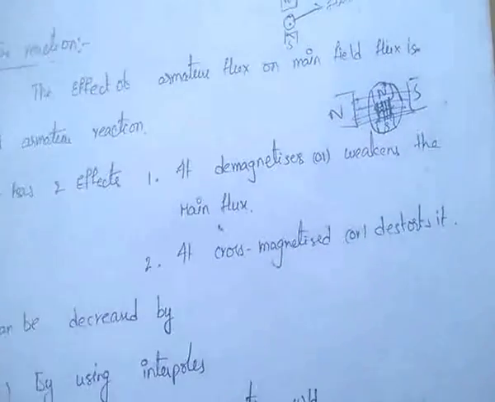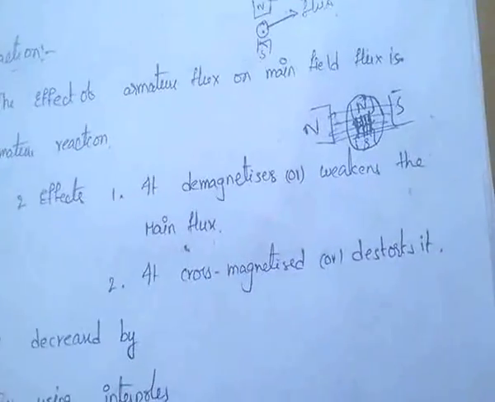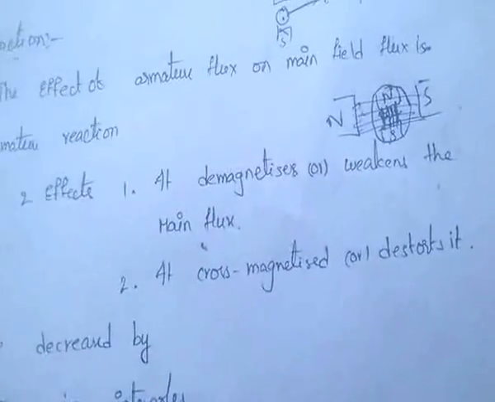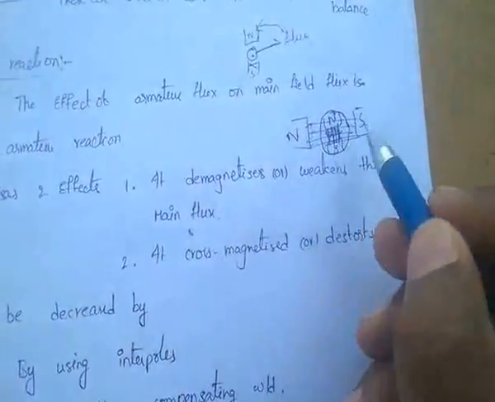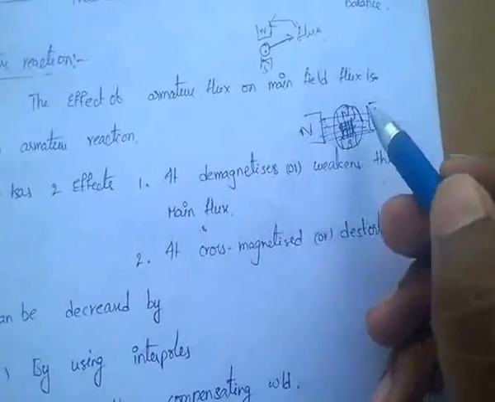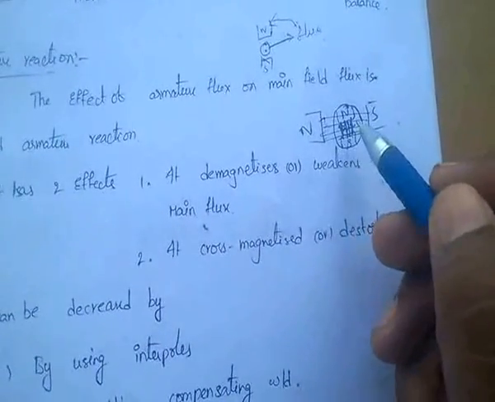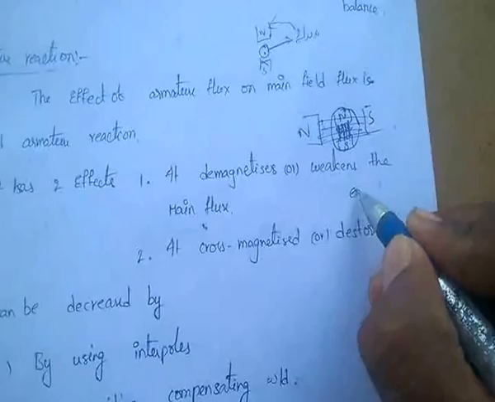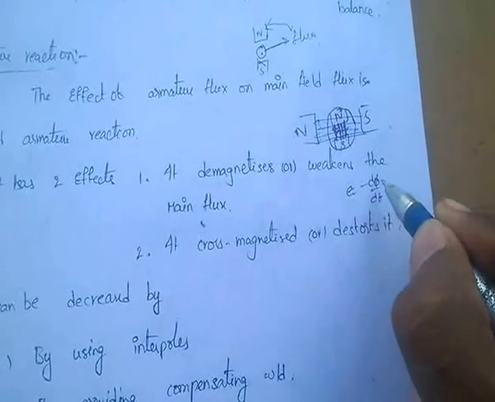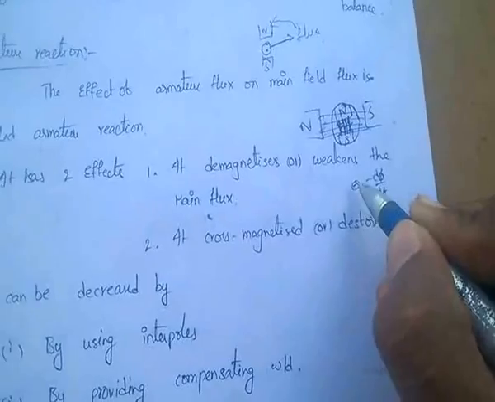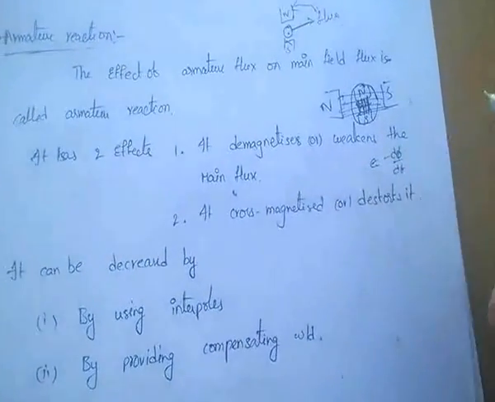It has two effects. First one is it demagnetizes or weakens the main flux. If main field flux weakens, we know that E equals minus d phi by dt, and whenever the flux reduces, the EMF will decrease.